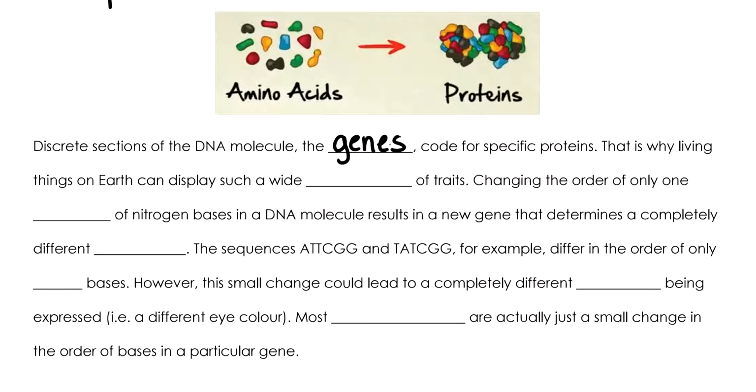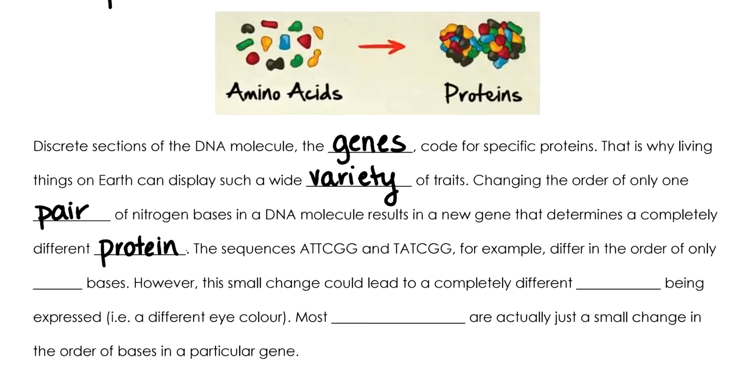That's why living things on Earth display such a wide variety of traits. It's all the different ways you can build proteins. Changing the order of just one pair of nitrogen bases on a strand of DNA results in a new gene that determines a completely different protein.